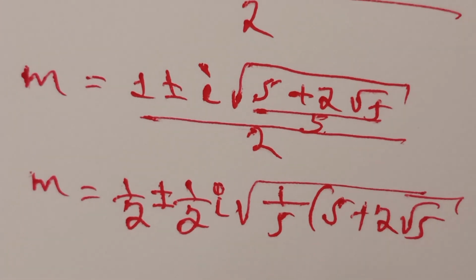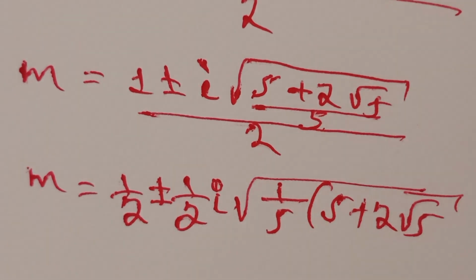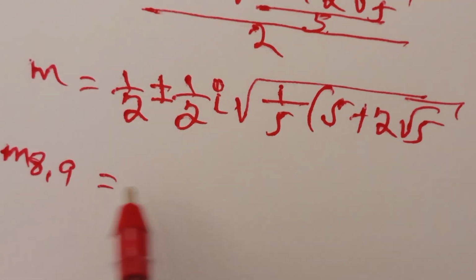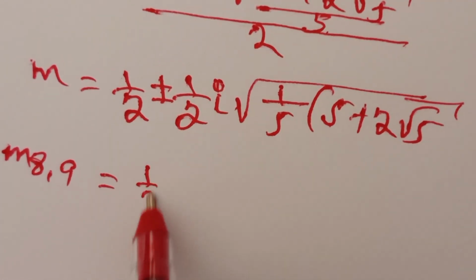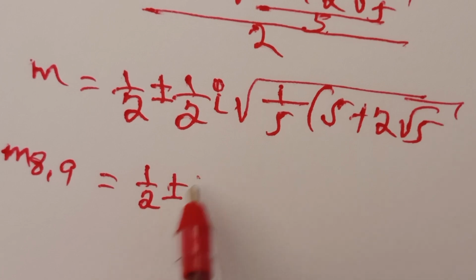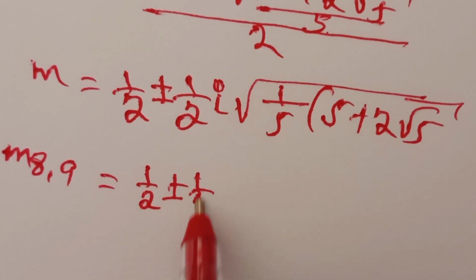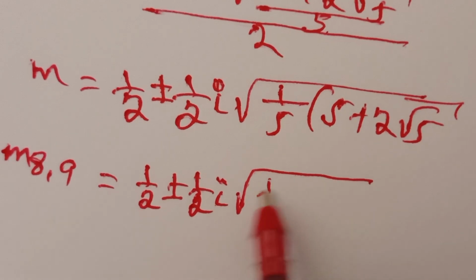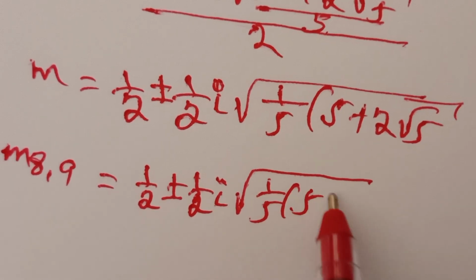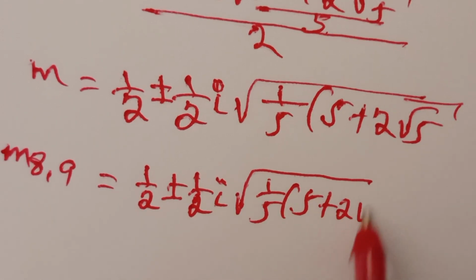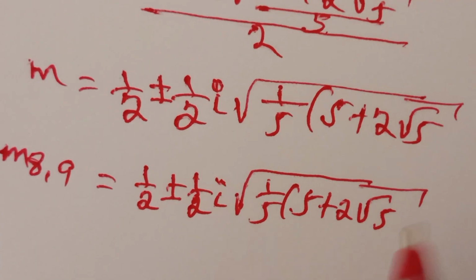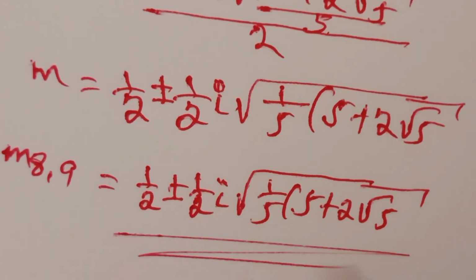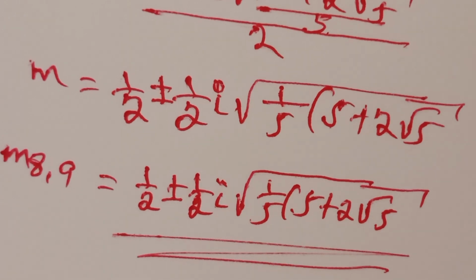So the m8 and m9 solutions become 1/2 plus or minus 1/2 i times the radical of 1/5 times (5 plus 2 root 5). This is the m8 and m9 complex solution.